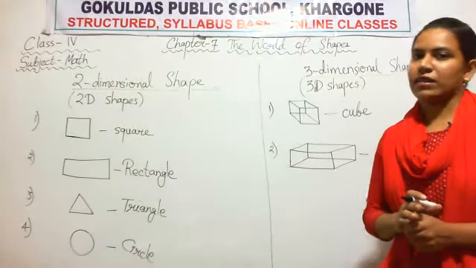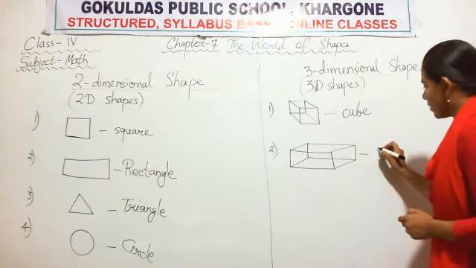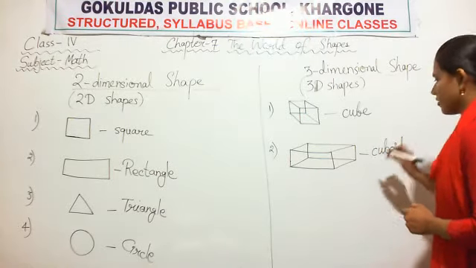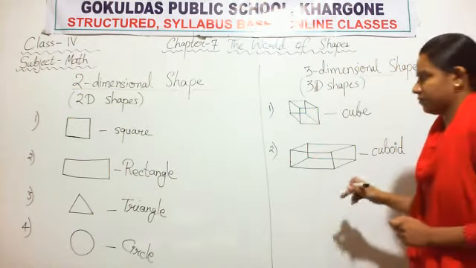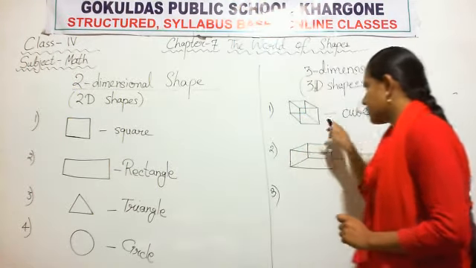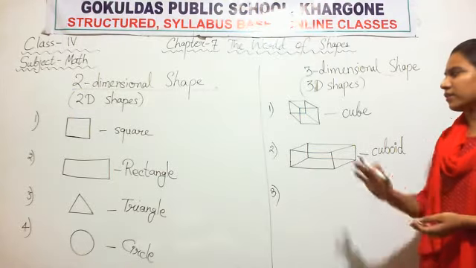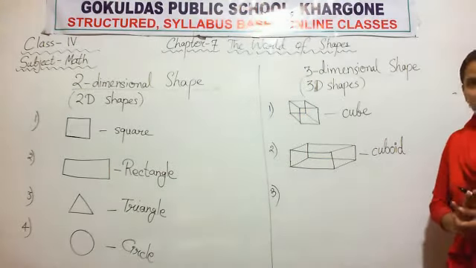Yes. So that shape is known as cuboid. These are the 3D shapes. These shapes we can hold, we see all around us.